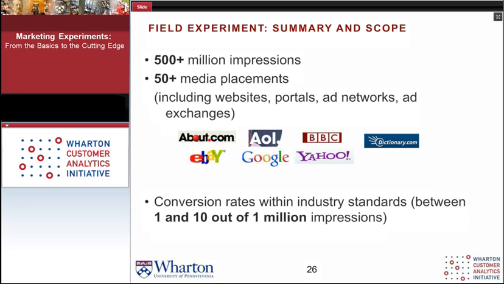And again, because we're looking at conversions per impression, if you serve 1 million impressions, you may be looking to see about 1 to 10 actual new customers. And that's just industry standards.